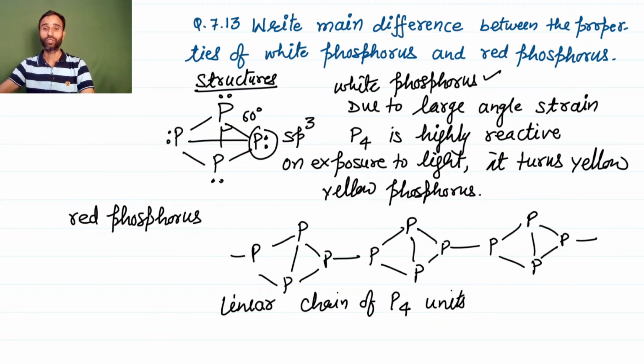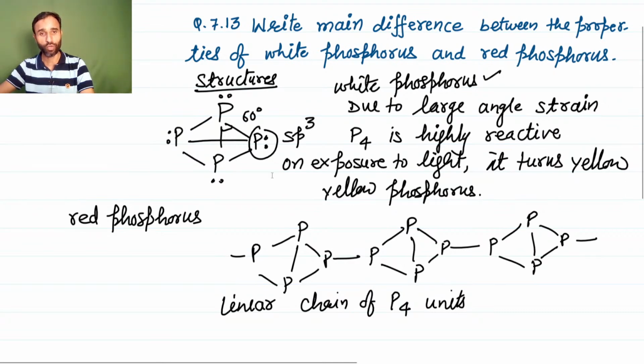Okay. So first difference is in structure of white phosphorus that has discrete P4 molecules. There is a large angle strain, but in red phosphorus, these P4 units are joined together in a linear fashion. Okay, and that's why this stress or angle strain is somewhat relieved, and that's why red phosphorus is more stable than white phosphorus.